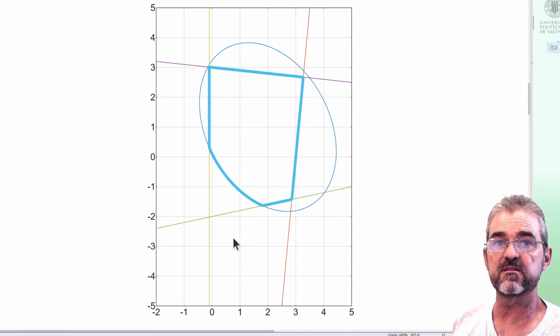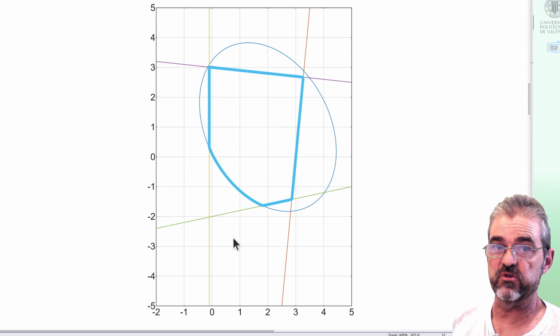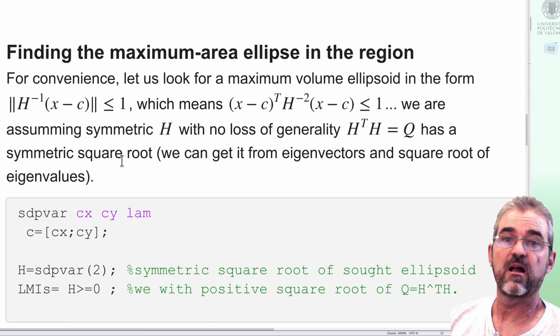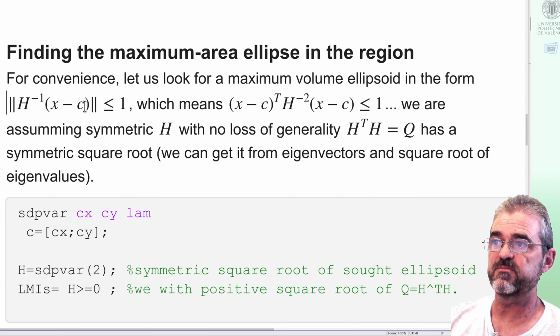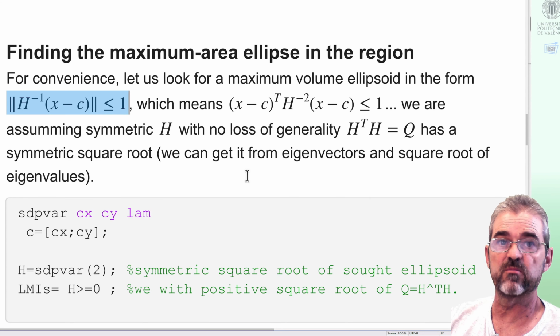So now we need to compute the largest ellipse, in terms of largest area, inside the cyan region. And how do we do it? Well, we'll use linear matrix inequalities as follows. Our target ellipse will be in this form: the Euclidean norm of H minus 1 times x minus c less than 1.